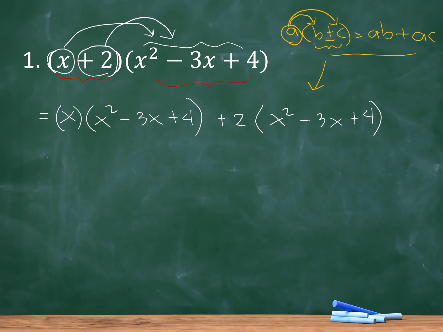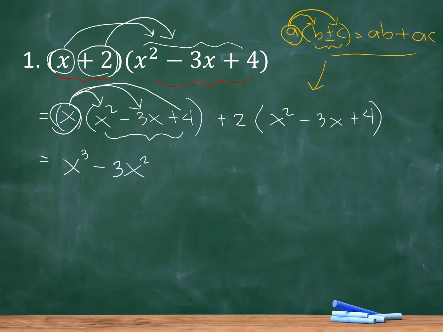So what we will do now is we will distribute x to each of the terms inside this parenthesis. So x times x squared, it's gonna be x cubed. And then x times negative 3x is negative 3x squared. And then x times positive 4, that's positive 4x.